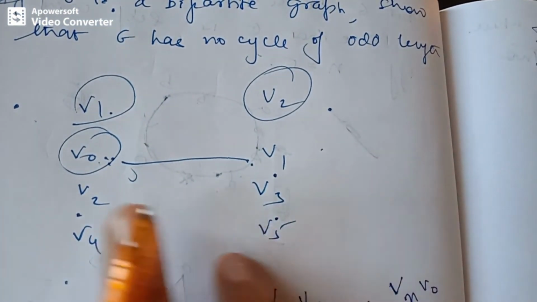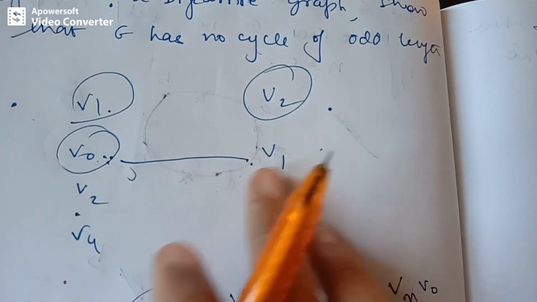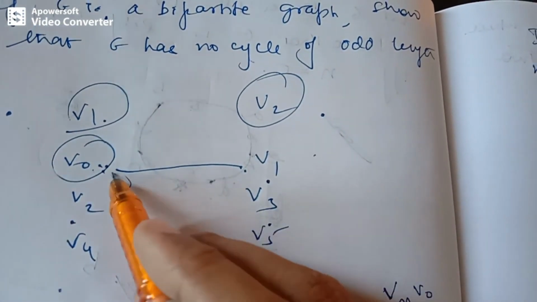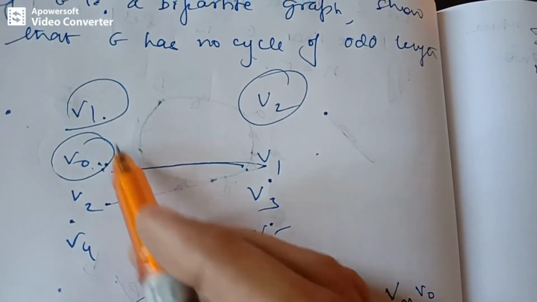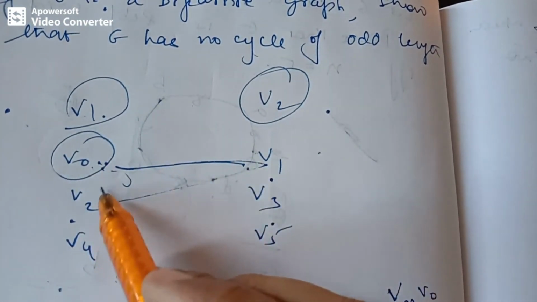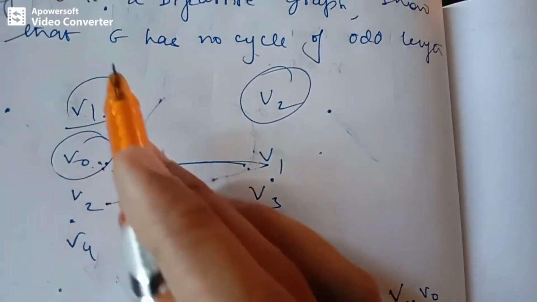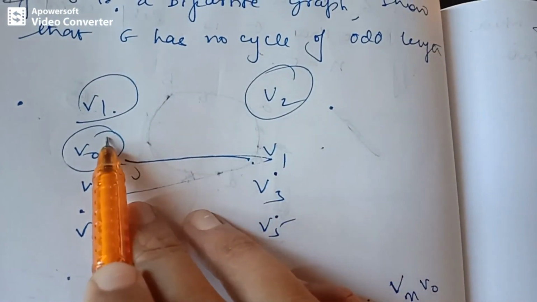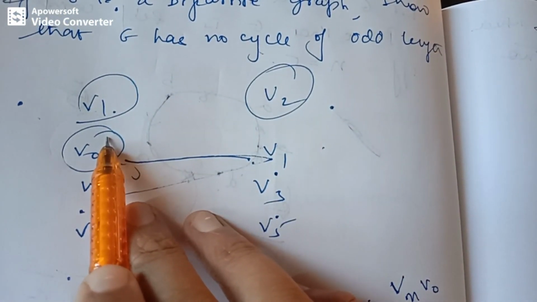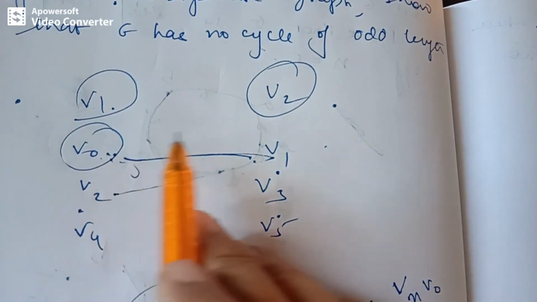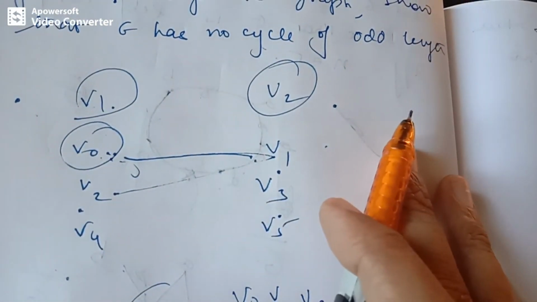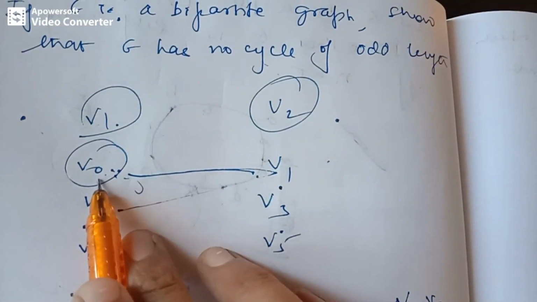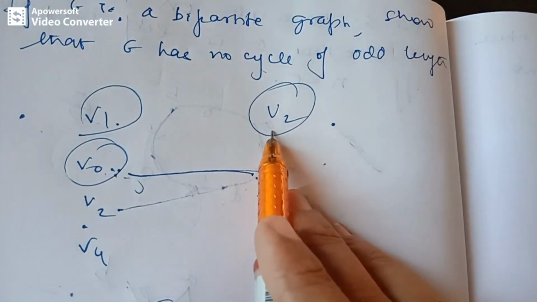So the cycle comes back to the vertex at V1 itself. The vertices in a cycle belong to V1 and V2 alternately; all the vertices belong to either V1 or V2.